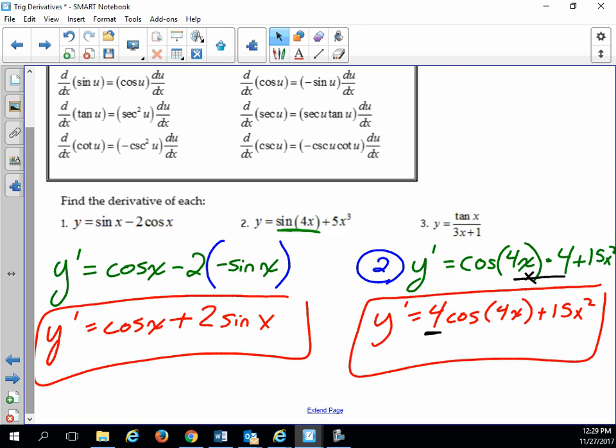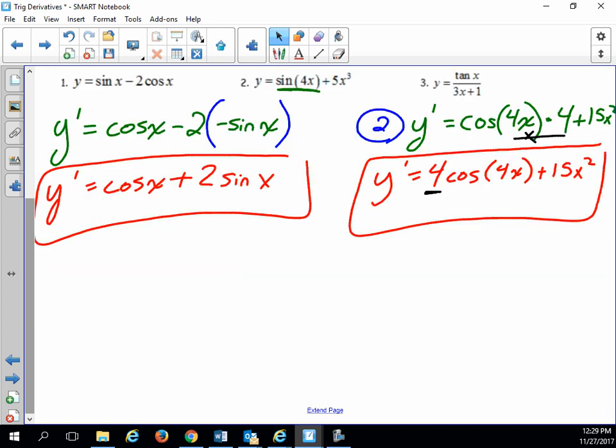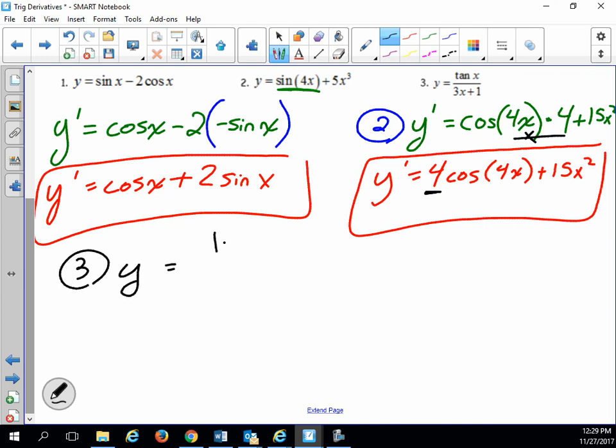So let's talk about number 3. Number 3 says y equals tangent of x over 3x plus 1. The denominator has 2 pieces, so you cannot separate it. So I have to do quotient rule.